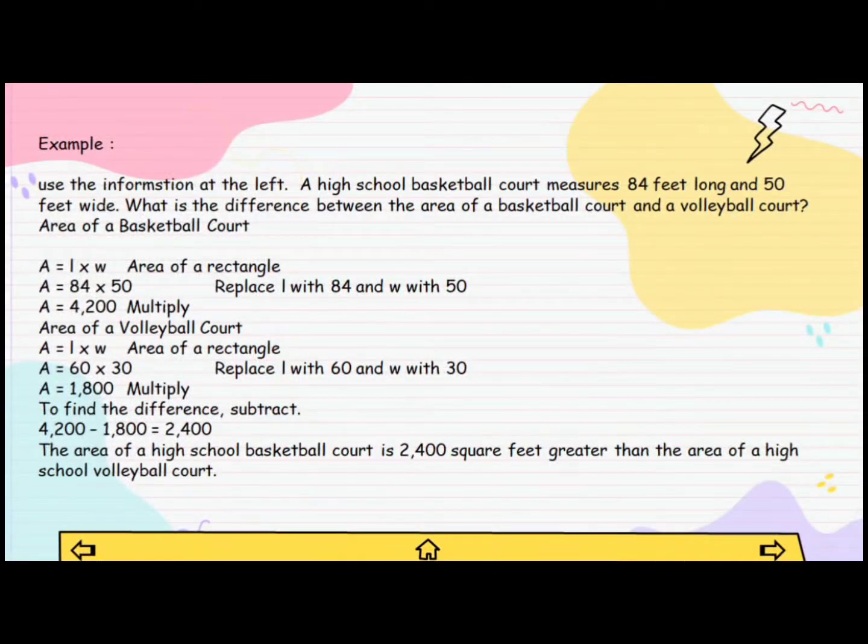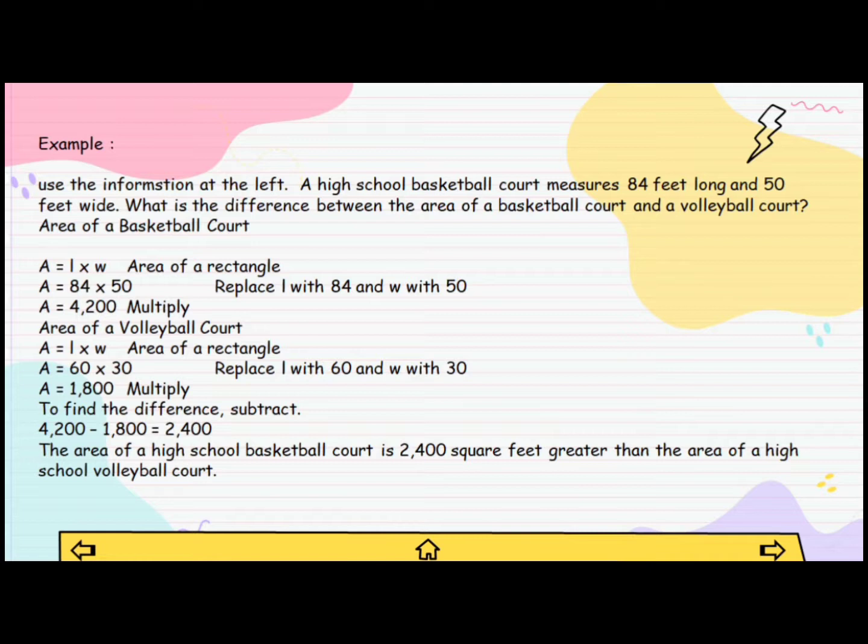For example, use the information at the left. A high school basketball court measures 84 feet long and 50 feet wide. What is the difference between the area of a basketball court and a volleyball court?